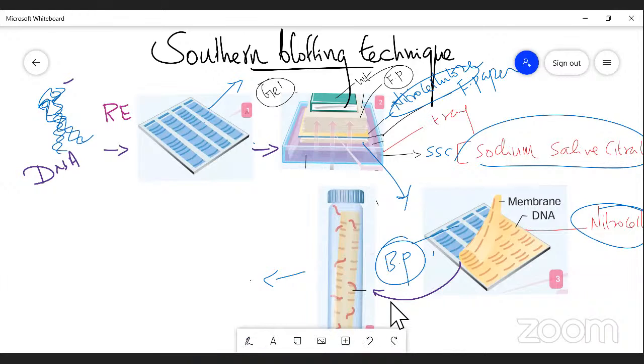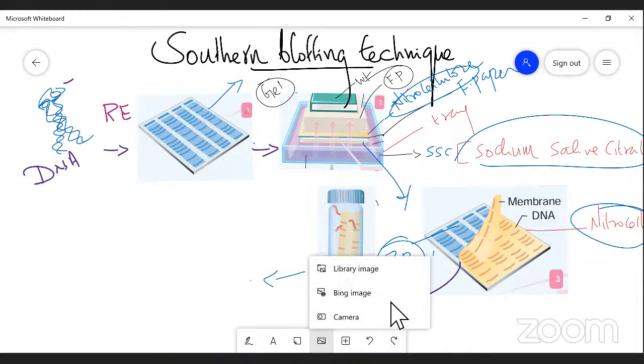And one more thing, we have to expose it to autoradiography. One more instrument that we have to use, that is autoradiography. My dear student, please understand.